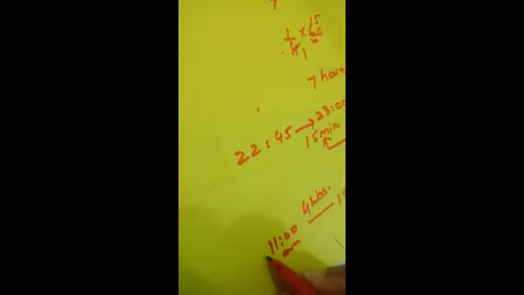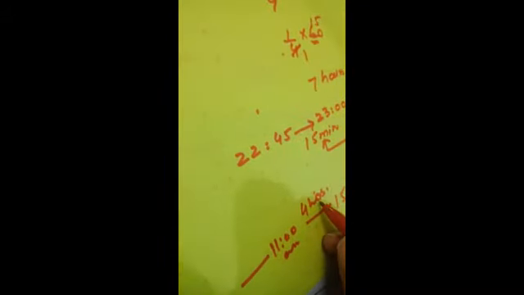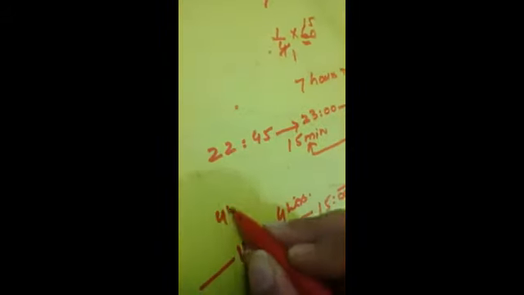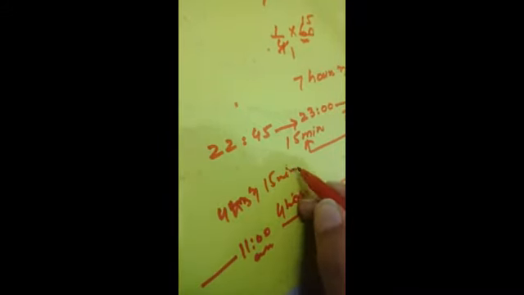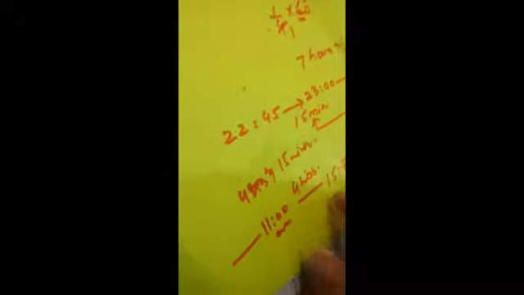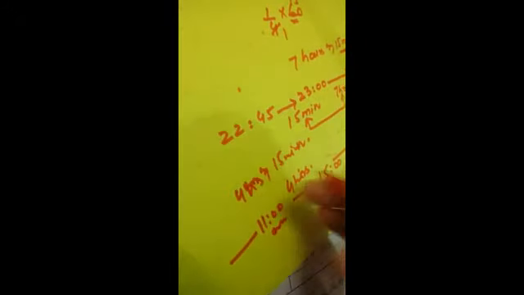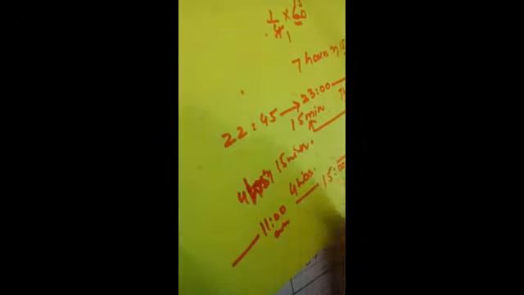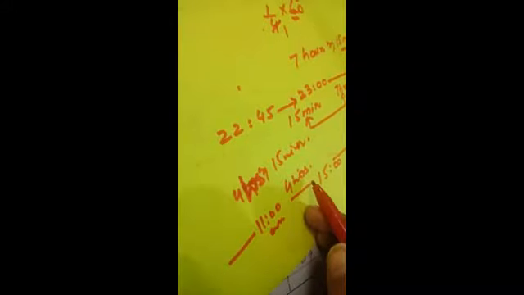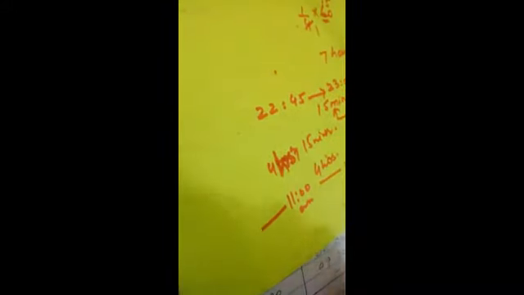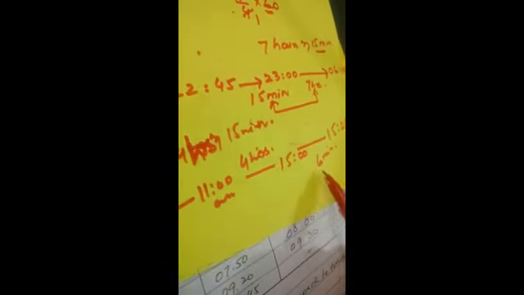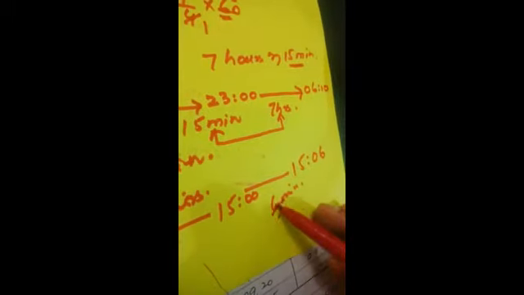Now from 11, the total time was 4 hours and 15 minutes, right? So 4 hours takes us to 11 a.m. I already said that these 6 minutes are already calculated.